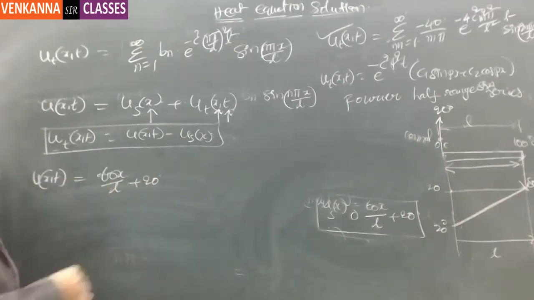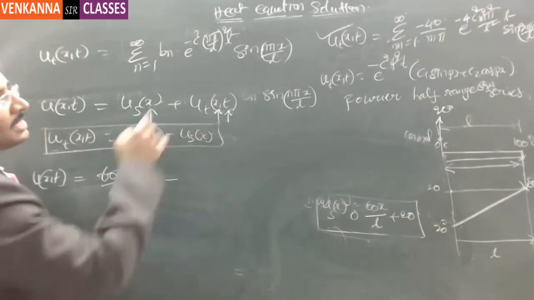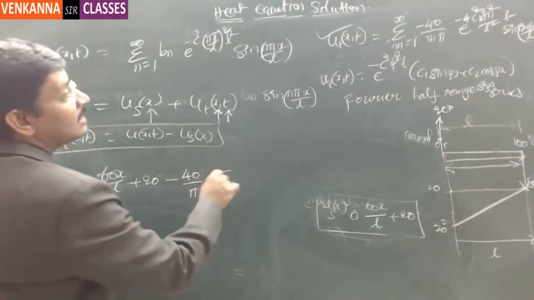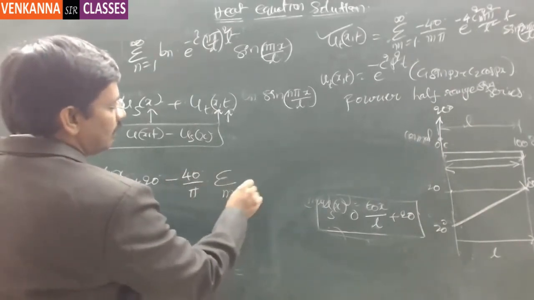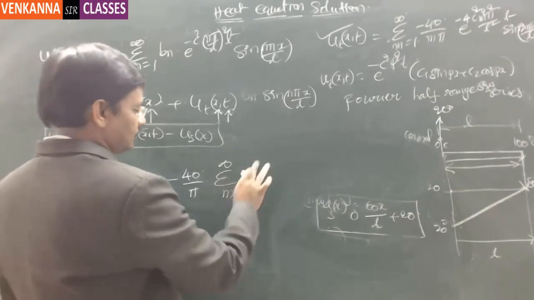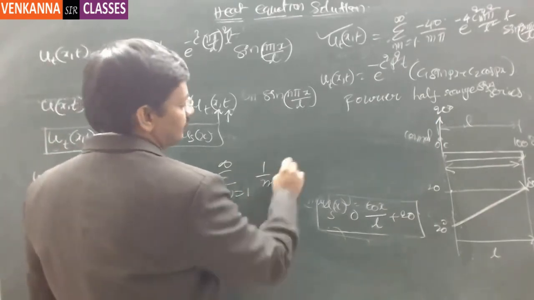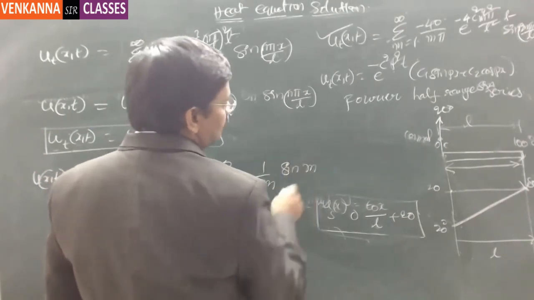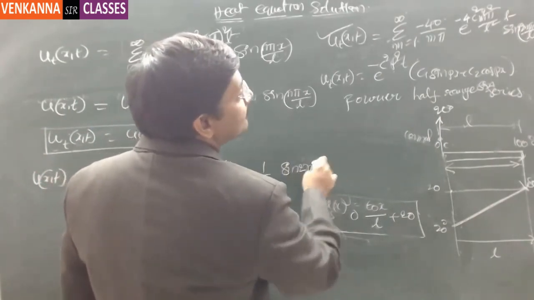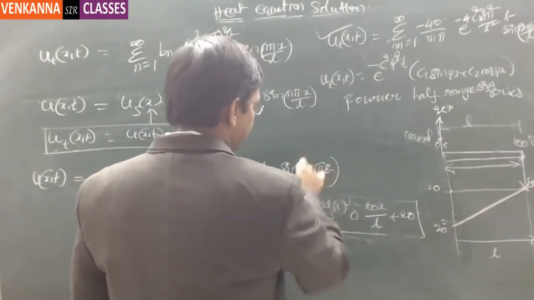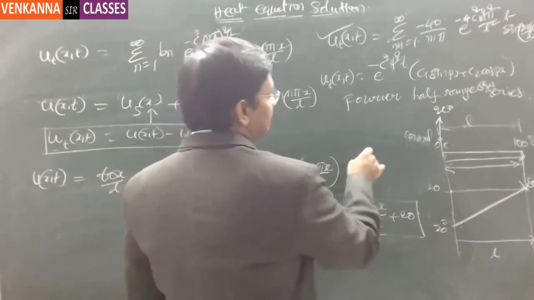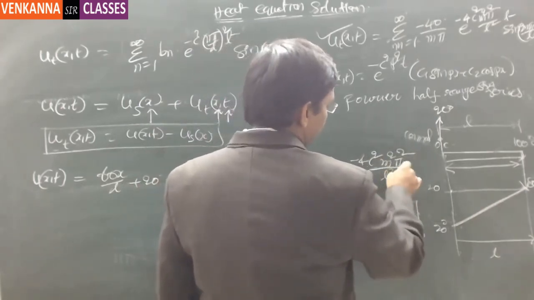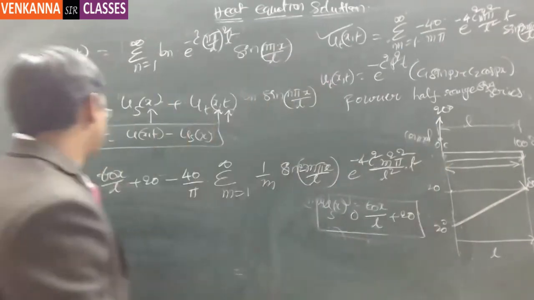And then the next one is minus 40 by pi, that is the transient solution, sigma m equal to 1 to infinity, 1 by m times sine of 2m pi x by L into e power minus 4 c square m square pi square divided by L square into t. So this is the final solution.